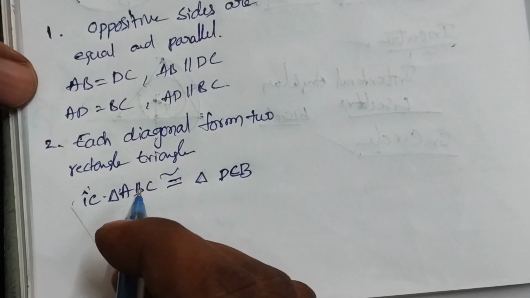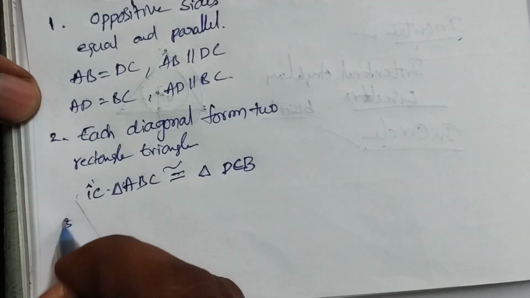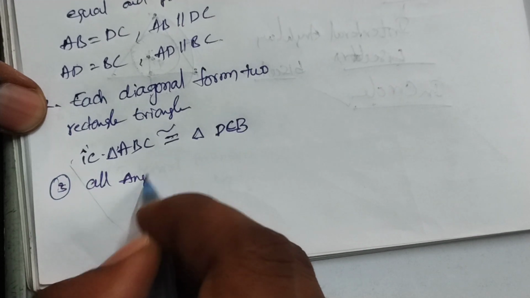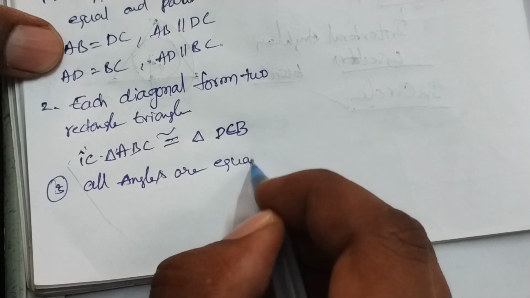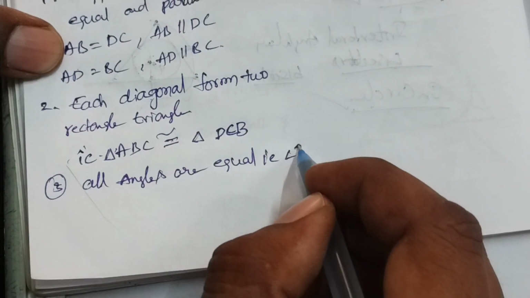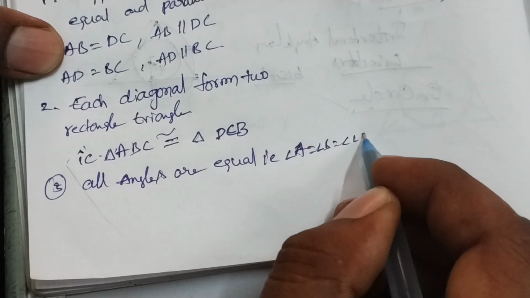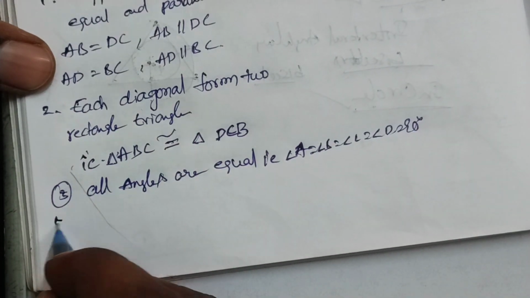Next, coming to the third, all angles are equal: each angle, A equal to B equal to C equal to D, is 90 degrees.